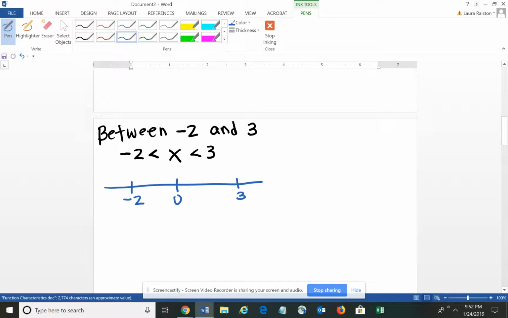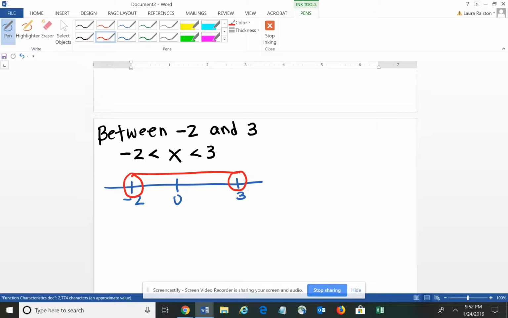Both of these are between, but it doesn't say I can include them. So visually, I want to show that I'm going to go from -2 to +3, and I can use any value in between, which means I could use -1, 1, 1.5, 1 3/4, 2, 2 2/10, 2.5. I could use any value in between there.